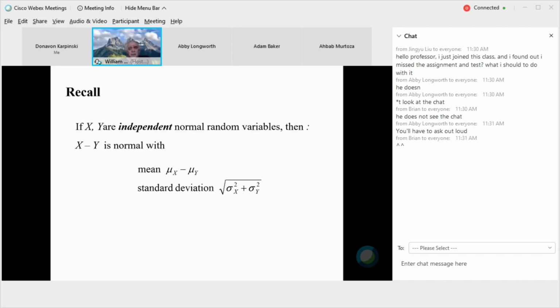Here we'll use this property: if you have two random variables, each having a normal distribution, then their difference will also be normal. The mean will be equal to the difference in the two means, the mean of x minus the mean of y. The standard deviation is the square root of sigma x squared plus sigma y squared.